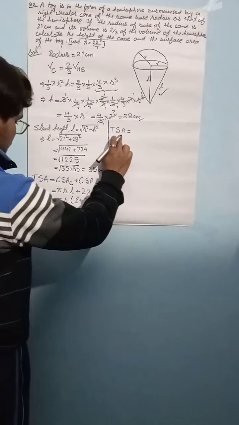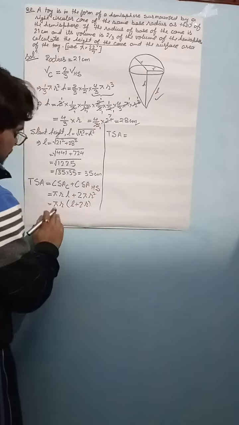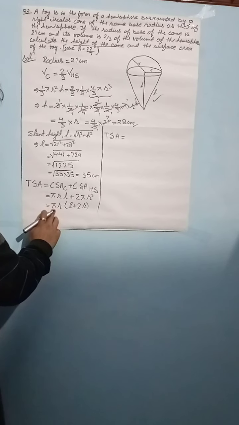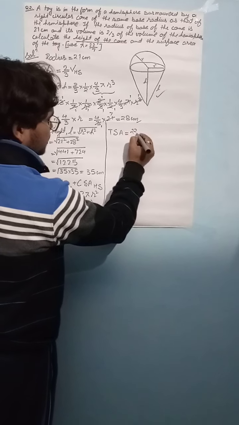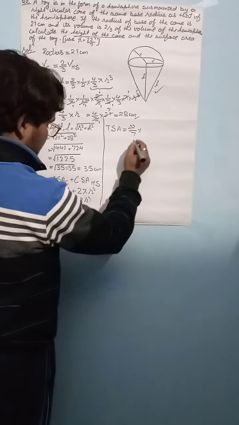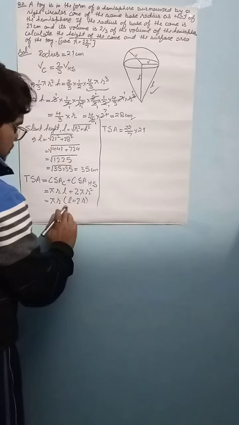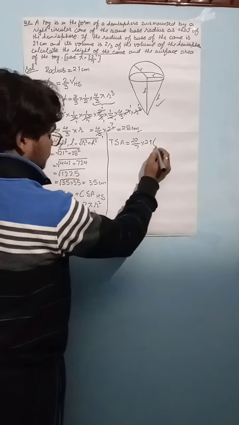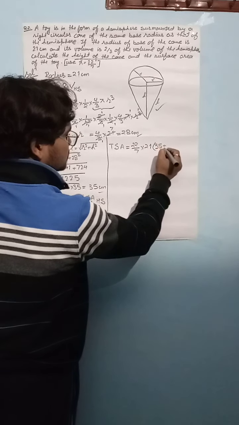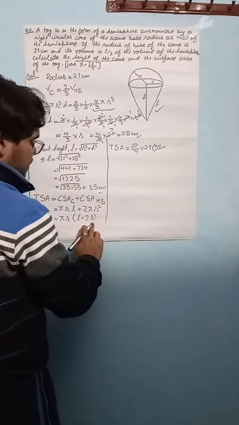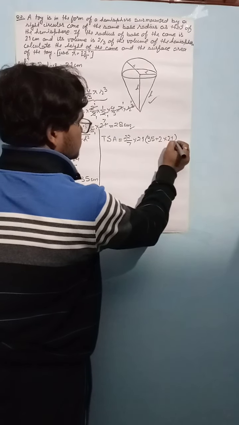Total surface area of the toy. Here we have the value of pi 22/7 multiplied by the radius r. Here slant height is 35 centimeters and the radius is 21 centimeter.